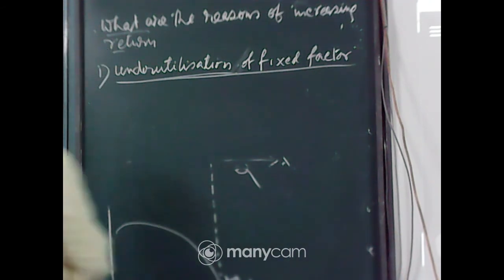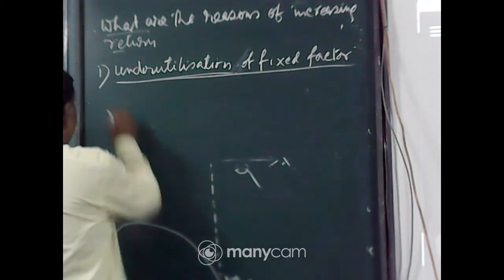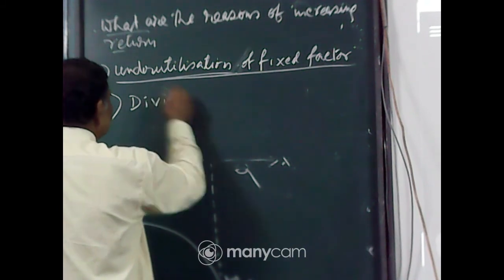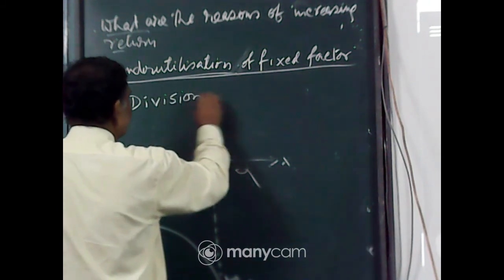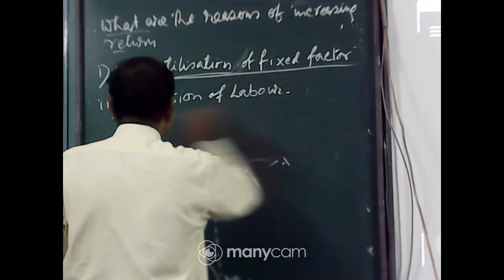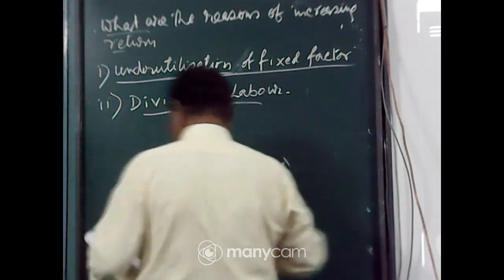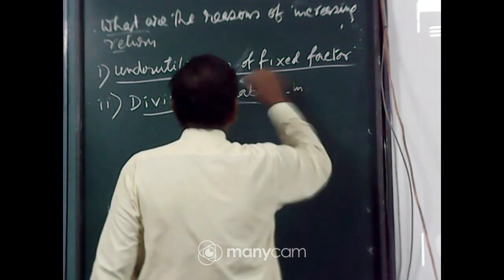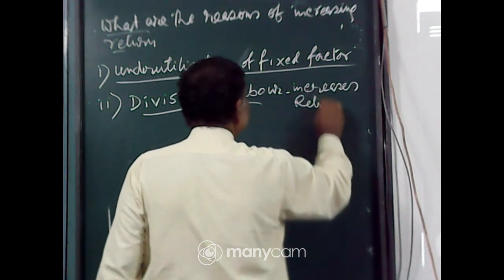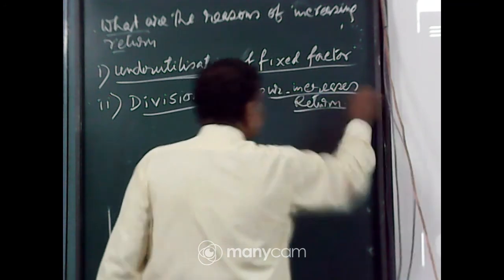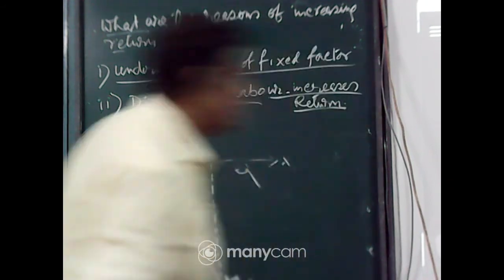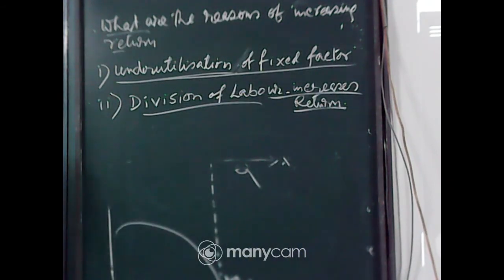Now, number 2. Number 2 is division of labor. Division of labor increases return. What do you mean by division of labor increasing return? What do you mean by division of labor first?